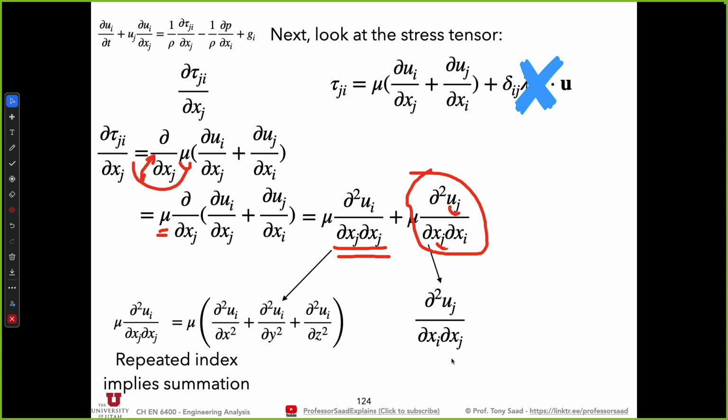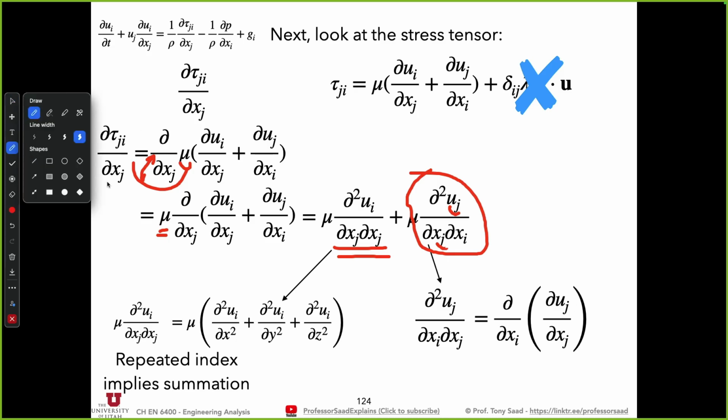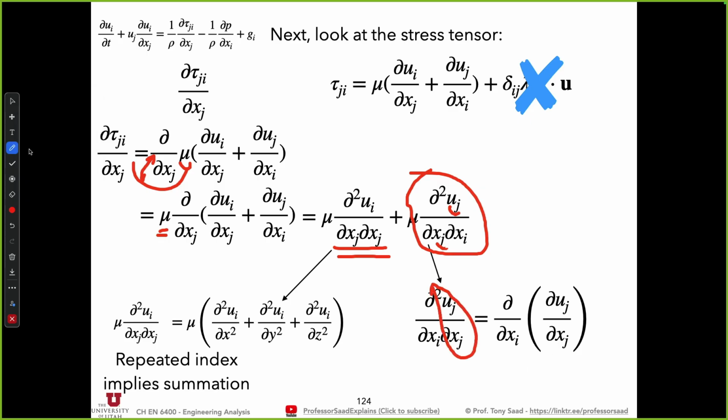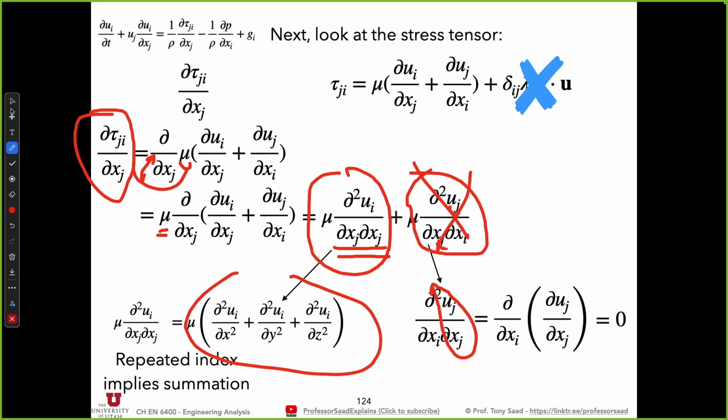And so if I swap the order now, I can pull out this du_j/dx_j, right? I can pull out the one derivative here, du_j/dx_j. And what is that? That's the continuity equation, and that's equal to 0. So you knock out that term entirely. And then what happens? Your entire diffusive flux term becomes simply this very simple term over here, okay?